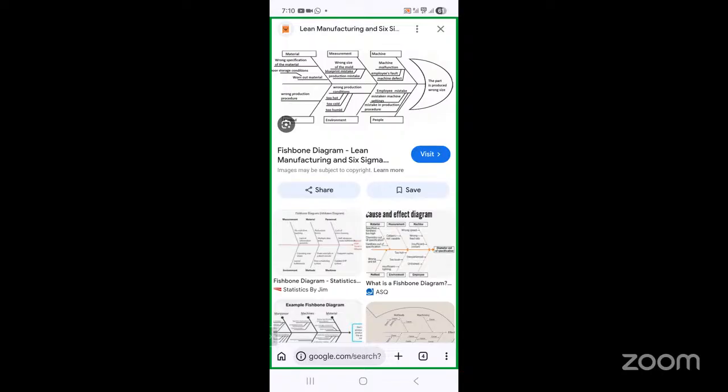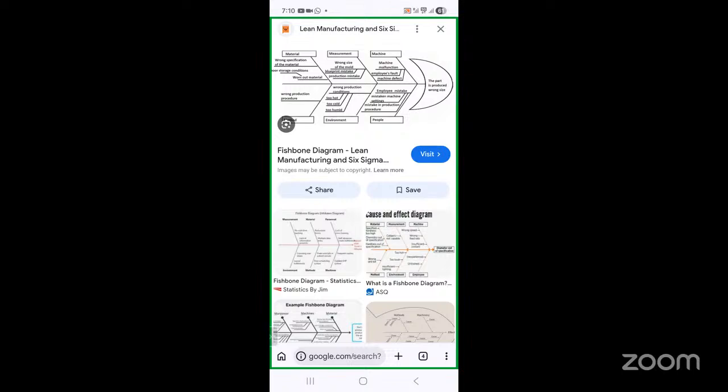That is another one. A third factor: material specification is not as per the requirement. Okay. So, Shejal, you have written all these 3? Yes, sir.